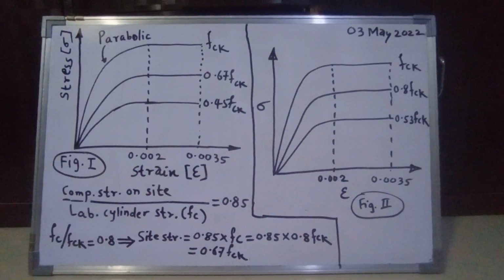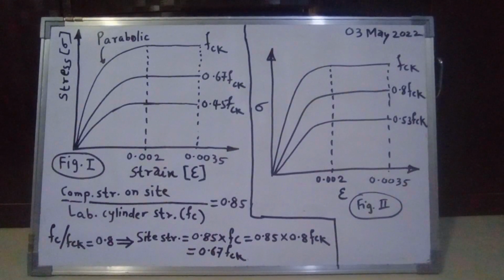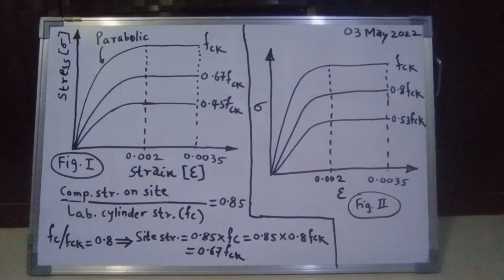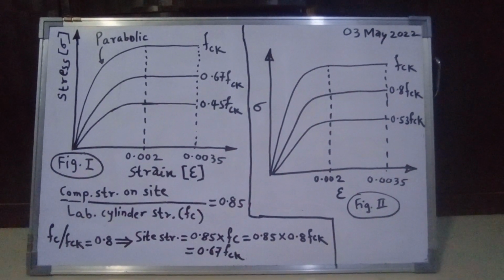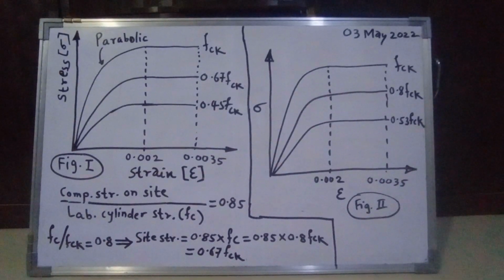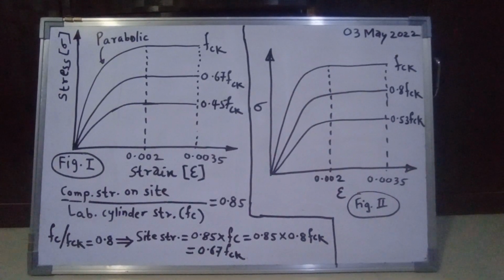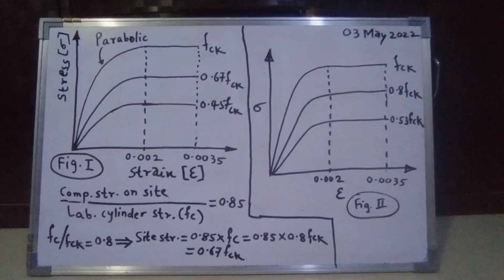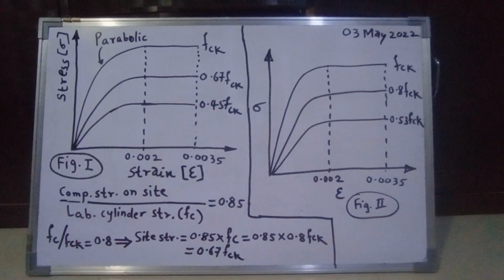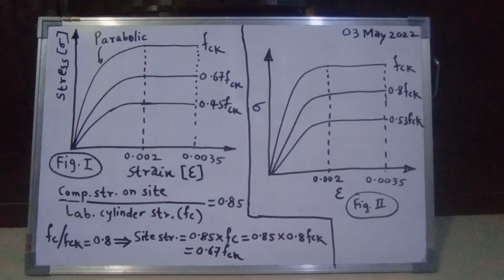Again we know that concrete is brittle in nature, and moreover there are quality control issues on the site, and therefore the IS code says to apply a partial safety factor on concrete, that is a material safety factor of 1.5, and therefore 0.67 FCK upon 1.5 becomes 0.45 FCK.